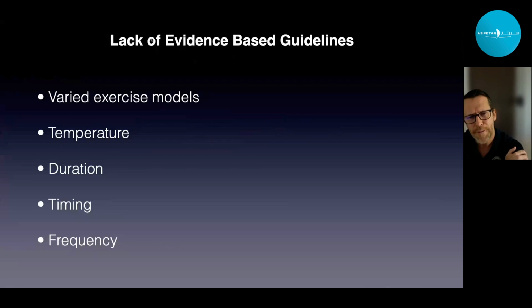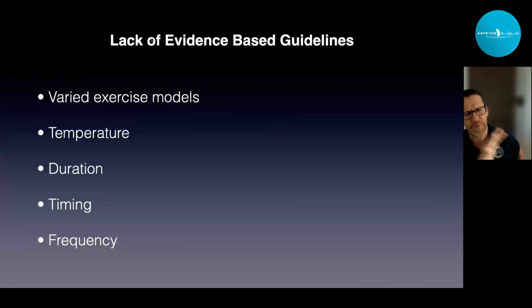And when we look at a lot of the literature, even today, despite the fact I showed you at the beginning that pretty much every football club, as an example, is using cold water immersion, we still lack some clear guidelines in terms of prescription. And part of this confusion, I think, comes from the fact that in the research we've used so many different types of exercise, huge variations in temperatures, the duration and the timing of it.